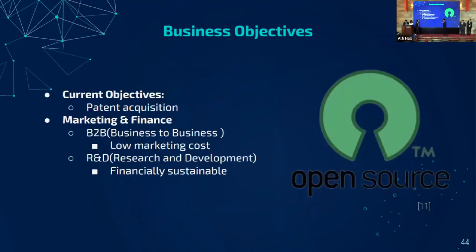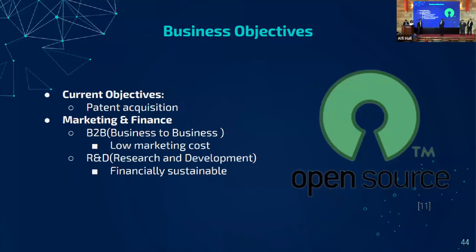For our business objectives, we wish to have our software as an open source platform to enable us to be a trusted and secure software. We believe the most important thing is patent acquisition, in order to ensure that our software is not mimicked by someone else.